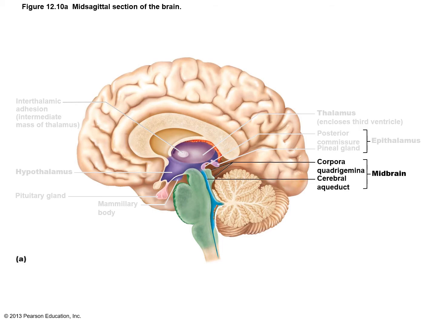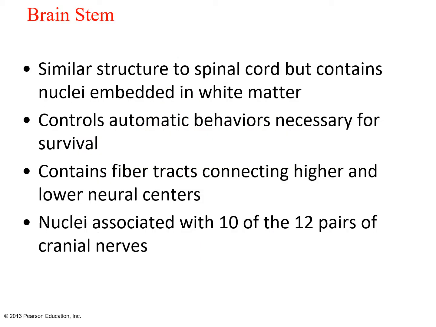Here is the midbrain, which includes the corpora quadrigemina, and surrounds the cerebral aqueduct. Here's the pons, and here's the medulla oblongata. The brainstem has a similar structure to the spinal cord, but in addition to the interior gray matter and the white matter that surrounds it, it does have nuclei that are embedded in the white matter, which is something that the spinal cord lacks.